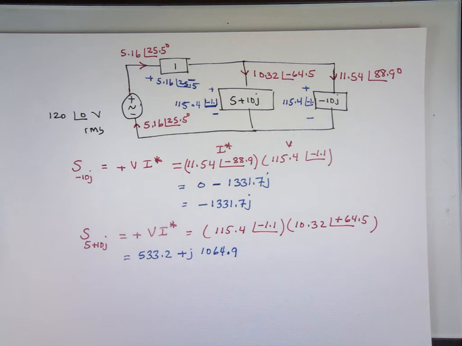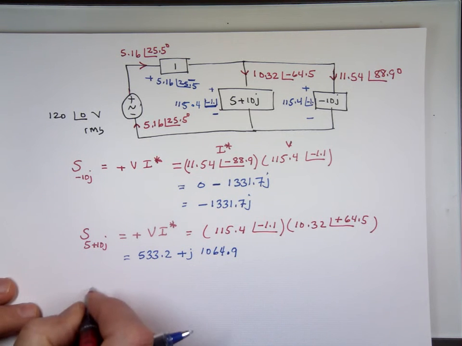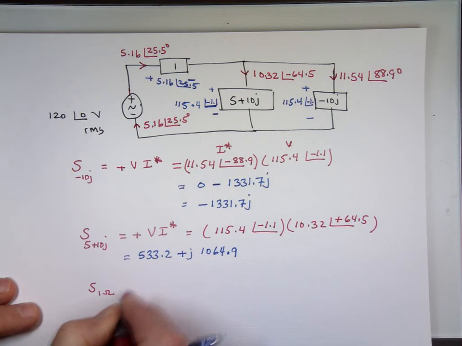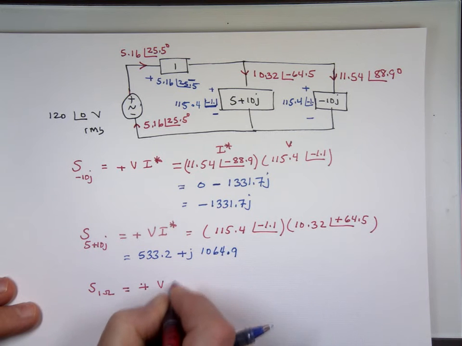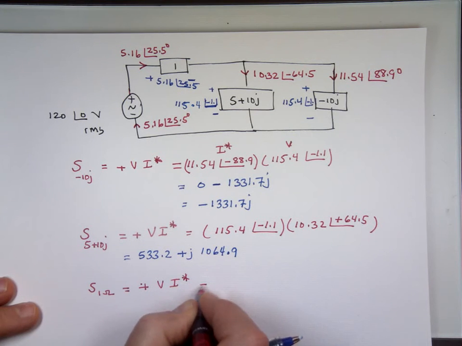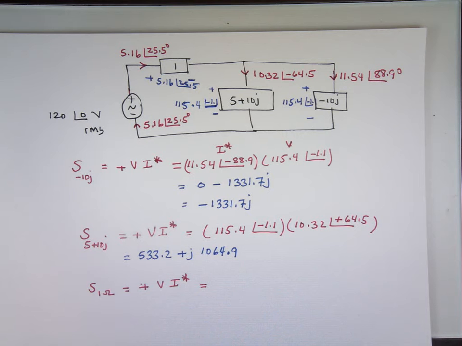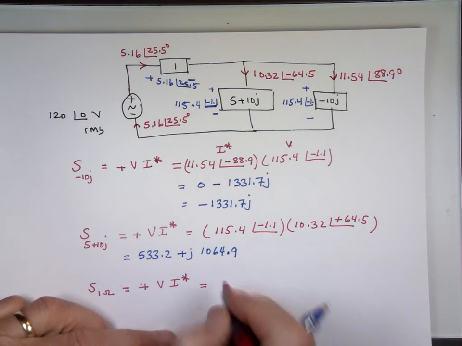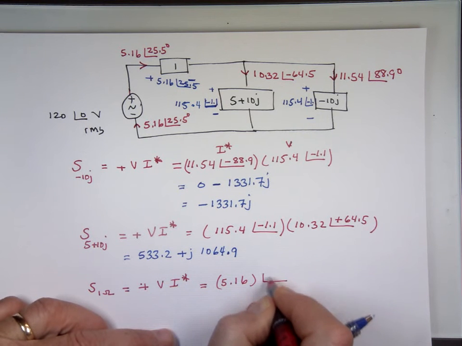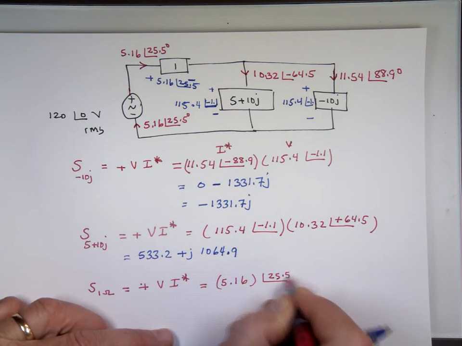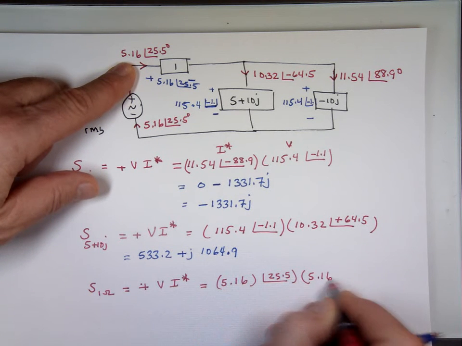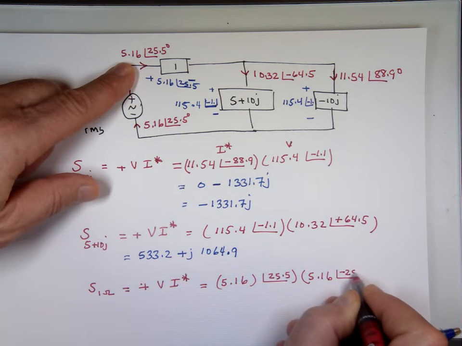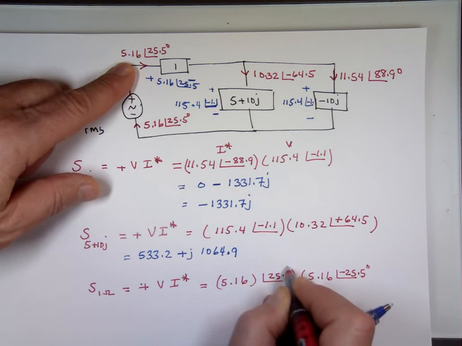What is the complex power absorbed by the 1 ohm resistor? It's positive again, V times I conjugate. The voltage is 5.16 angle 25.5 times the conjugate of that, which is 5.16 angle negative 25.5, and those angles should disappear.